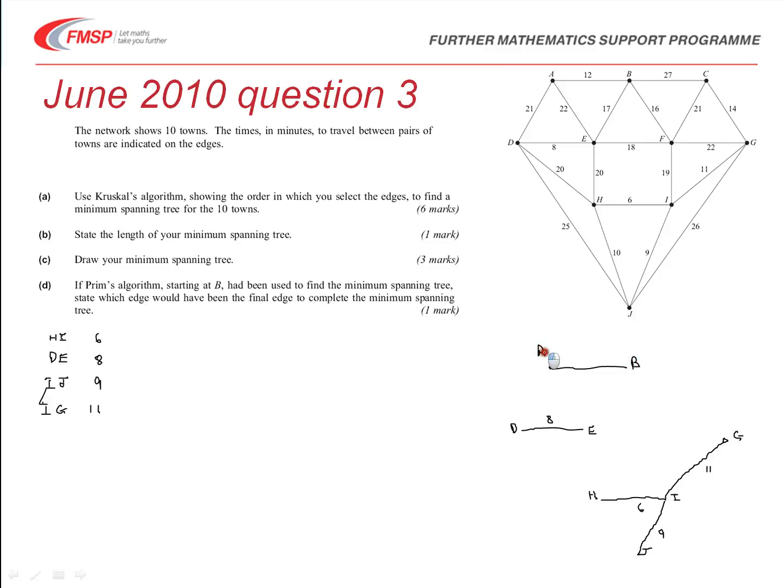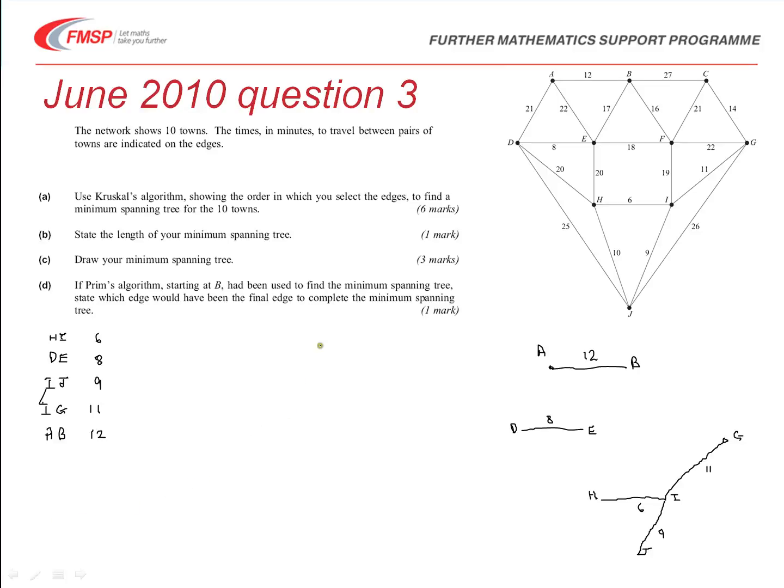It doesn't have to be exactly the same, remember, it only has to be topologically equivalent. We put AB in our list. Remember, we've got 10 towns, so we need 9 edges, and we've done 5 so far.